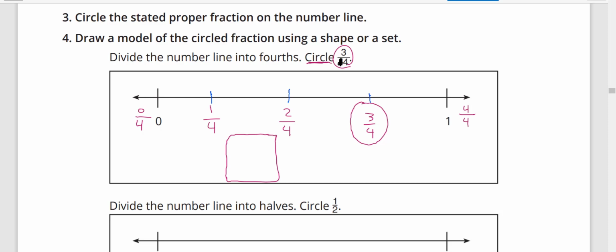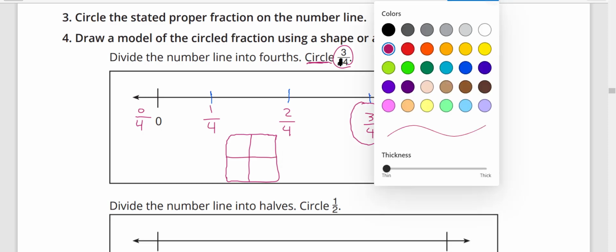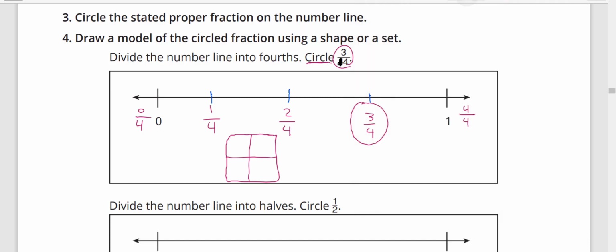For example, a square divided into 4 equal parts and shade 3 parts. 1, 2, 3. So this shape represents this fraction, 3 fourths.